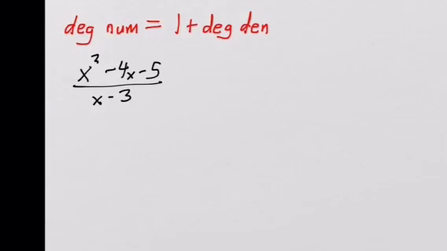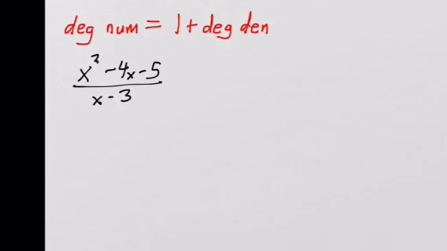And the first thing we need to do is make sure this is in lowest terms, that we don't have a common factor between the numerator and the denominator. However, that will come out when we do the algorithm because we'd end up getting a 0 out of it.